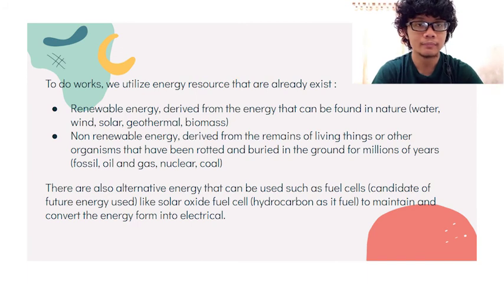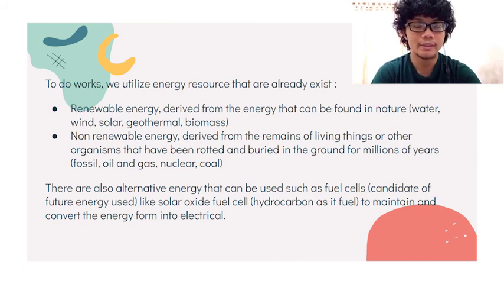We can use these energy resources that already exist in nature or on Earth, which are divided into two types. The first one is renewable energy, which can be renewed because it has unlimited sources in nature. We can use wind energy or solar energy, and so on.